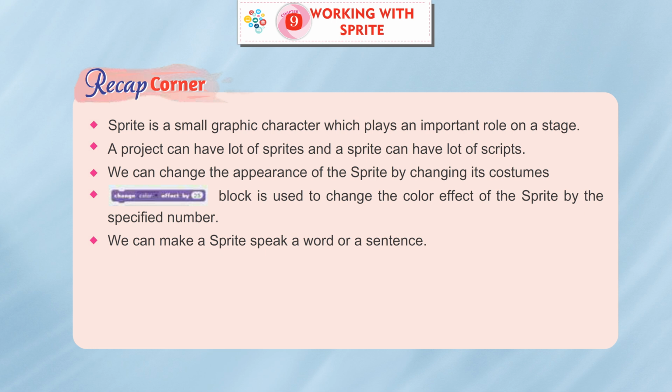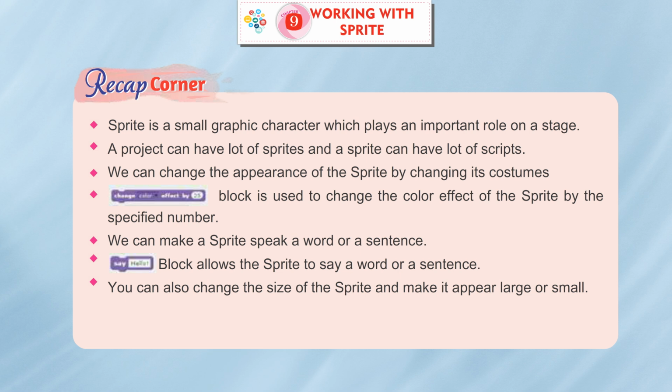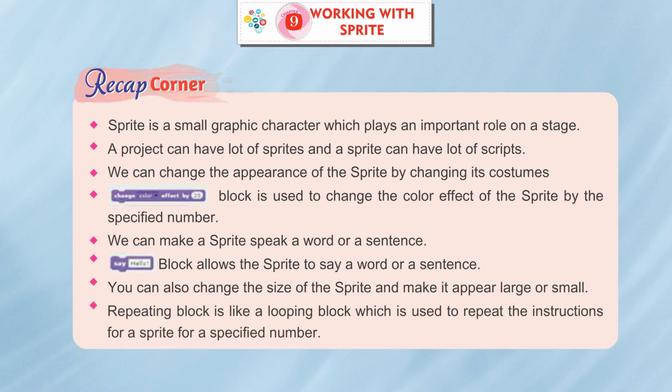We can make a sprite speak a word or a sentence. Block allows the sprite to say a word or a sentence. You can also change the size of the sprite and make it appear large or small. Repeating block is like a looping block, which is used to repeat the instructions for a sprite for a specified number.